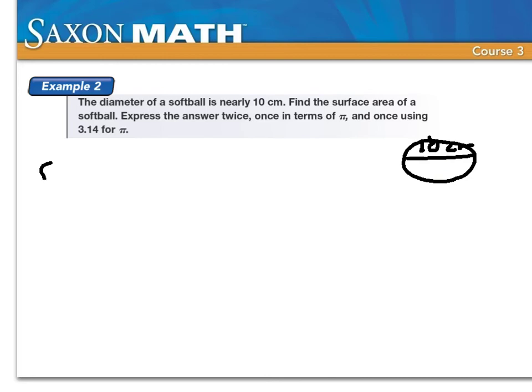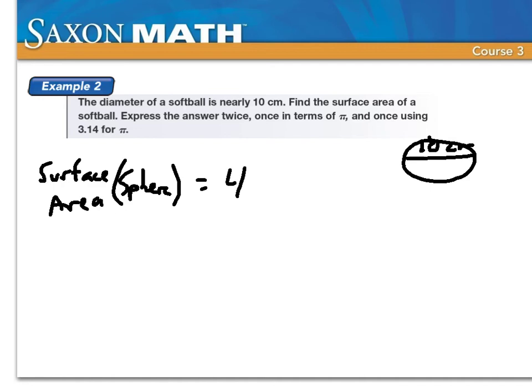So I need to find the surface area of a sphere, and the formula for that was 4 times pi times radius squared. Okay, again it says express the answer twice, once in terms of pi and once using 3.14 for pi. So I need one answer leaving pi.